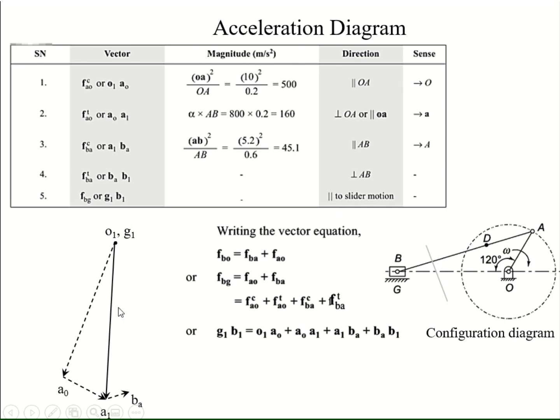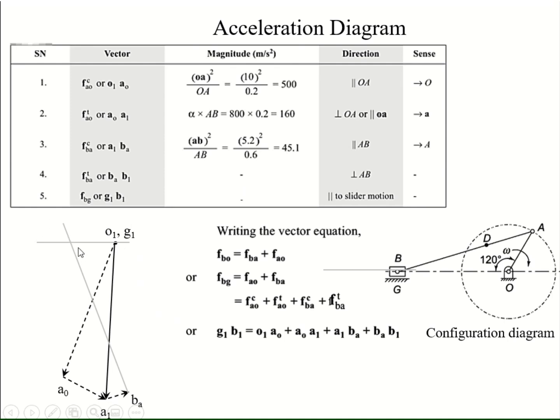So this direction again we can transfer to the acceleration diagram. However, its magnitude is still unknown, so we just have the direction with us. Next is the direction vector for the slider, and we don't know its magnitude either, so we can just transfer this direction to the acceleration diagram.